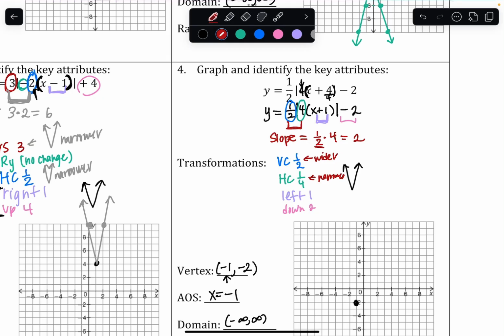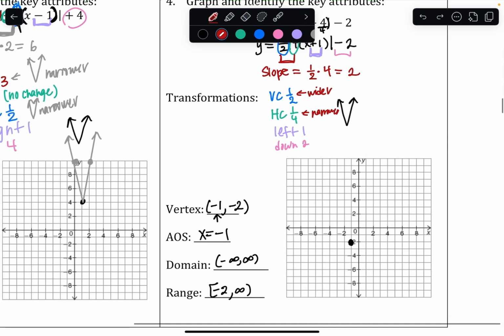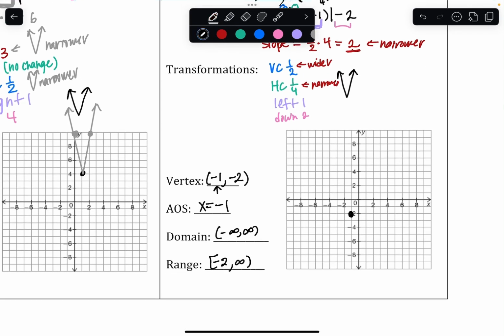So that's why this 1/2 kind of cancels out the 4 just a little bit, not all the way. And so our new slope is 2, so it's still going to be narrower than the parent, which has a slope of 1. And so we go up 2 over 1, up 2 over 1 on each side.